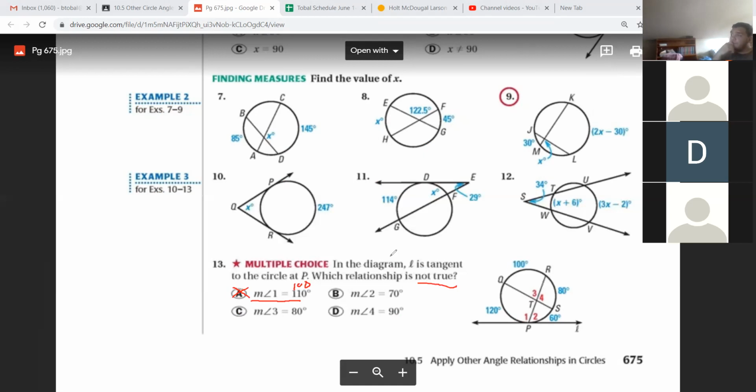Hoovy, closer, but not right. Zach, your statement's incorrect. Ethan, I need a number. Daniel is the first one on the board. Good job, Daniel. Rivka, give me the actual degrees it should be. Don't just talk about angles.